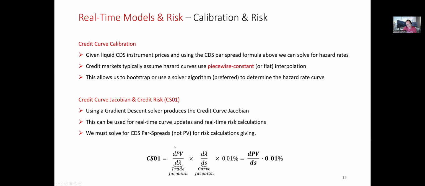In this case, don't use PVs, use the par spreads instead, because that's what you're observing in the market anyway, not PVs. So when you're solving for the curve Jacobian, when you're picking your target function, pick a target function such that you can generate your real-time risk. So for interest rates, you want to solve for par rates as your target function, and also in credit markets, you want to solve for par spreads.